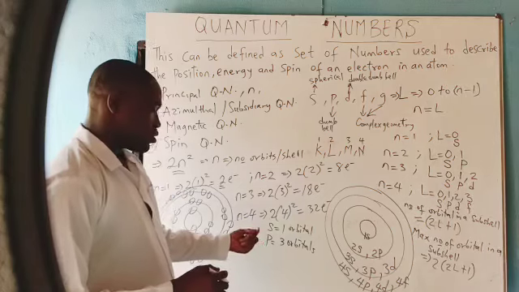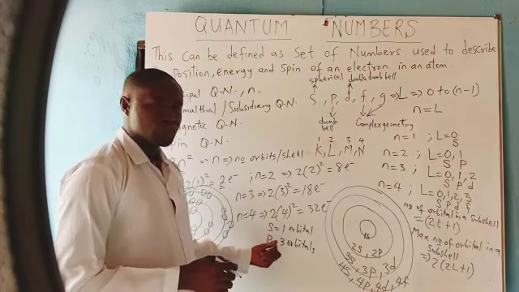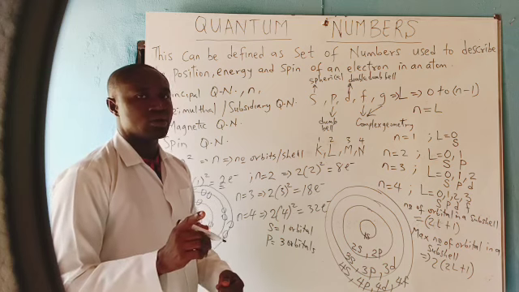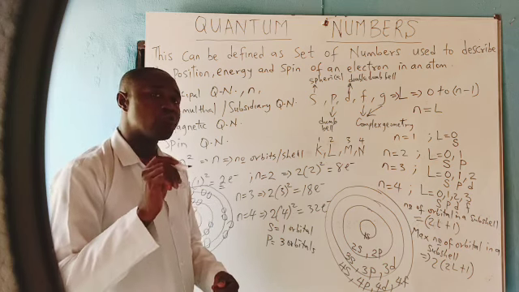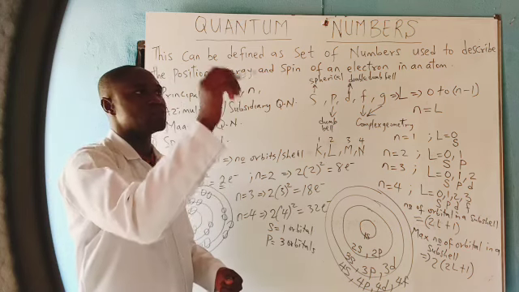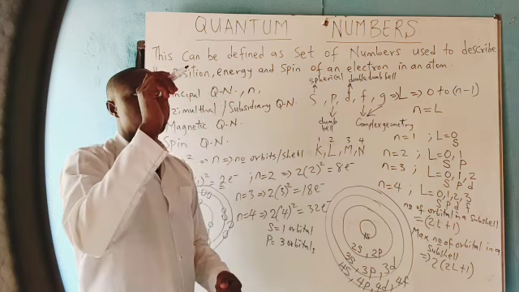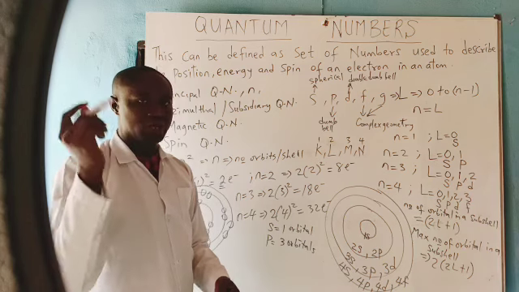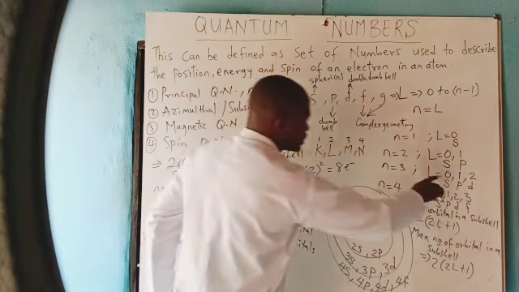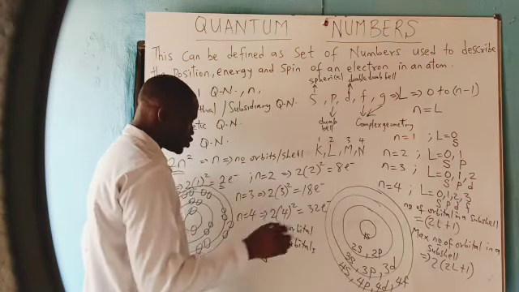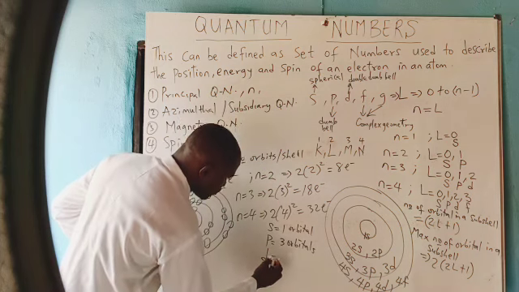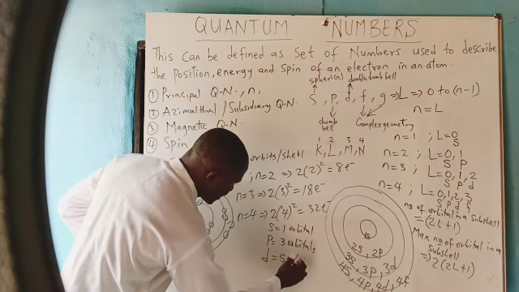This is what Hund's rule makes use of while writing the electron configuration of an element, where you will be seeing for s 1 orbital, for p 3 orbitals, and so on. Let's see the d. d is represented with L equal to 2. So we say 2 times 2, 4 plus 1, 5. We say it's 5 orbitals.